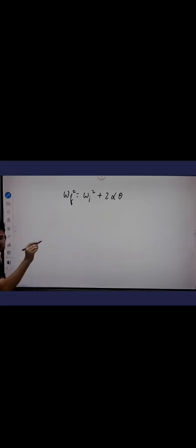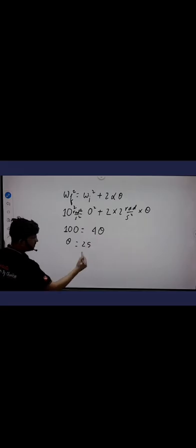Is it given in the question? Yes, 10. So it's 10 square. What is omega initial? It started from rest, so it's 0. 0 square plus alpha, given as 2 radians per second square, then you can find what theta is.